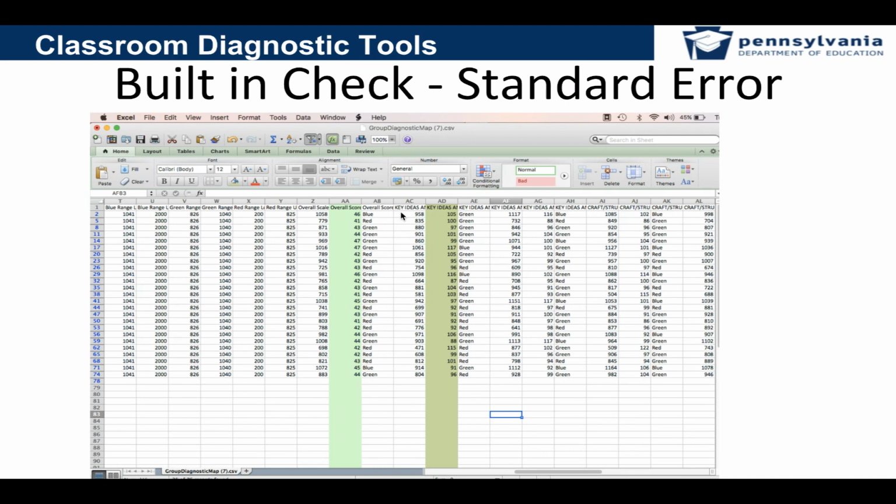I have highlighted in the columns here the overall score standard error and the diagnostic category standard error. We know the expected ranges for the overall score for all three subject areas, math, science, and reading. It should be in the 40s for the standard error. And for the diagnostic categories for English language arts, it should be in the 90s.